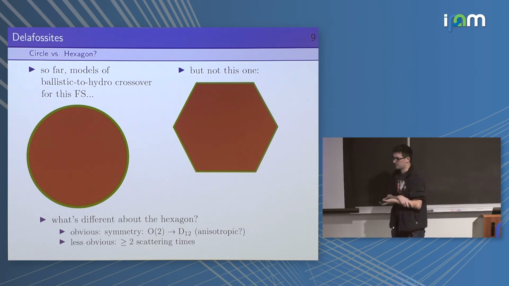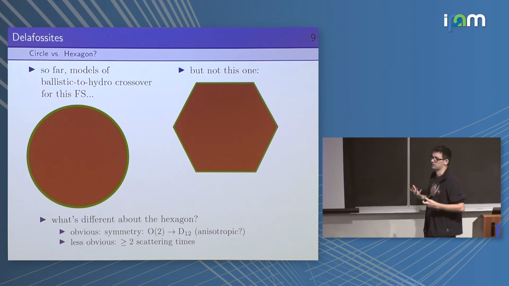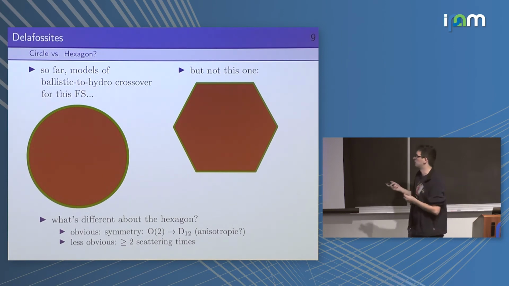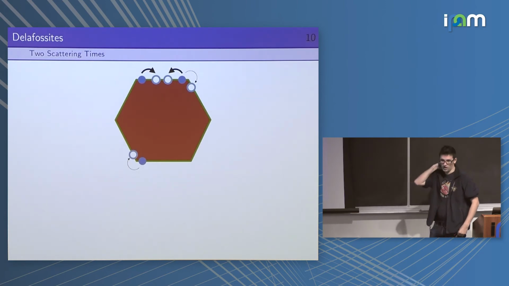There's a less obvious effect that I'd like to mention quickly, which is that when we talk about the onset of fluid dynamics on this hexagon, there's actually a hierarchy of scattering times that will arise. So the ballistic to hydrodynamic crossover is going to be much more complicated with this sort of Fermi surface than with a circle. Let me quickly mention why that's true.